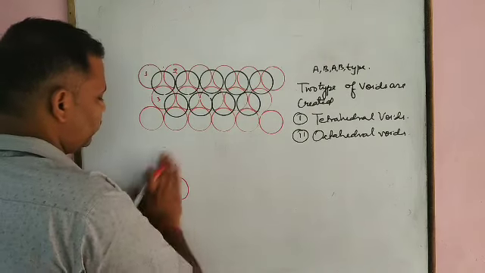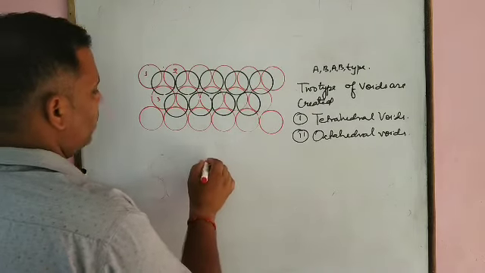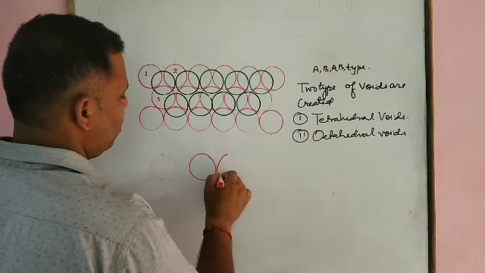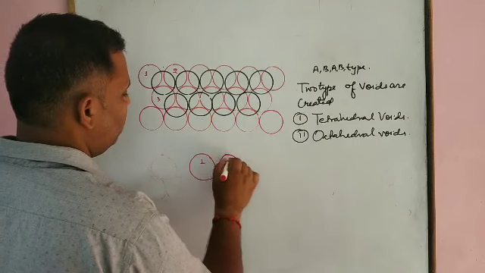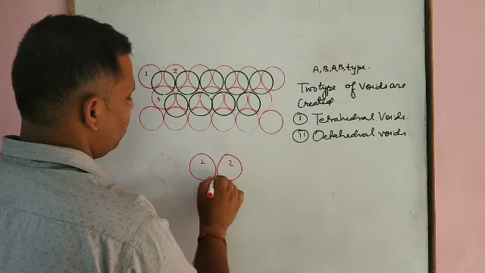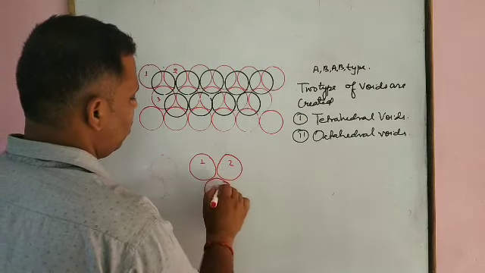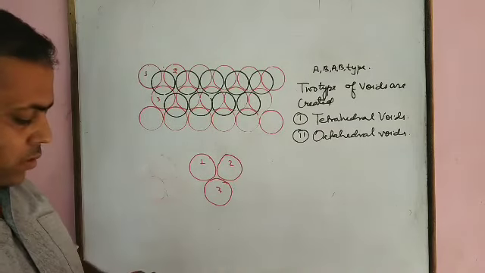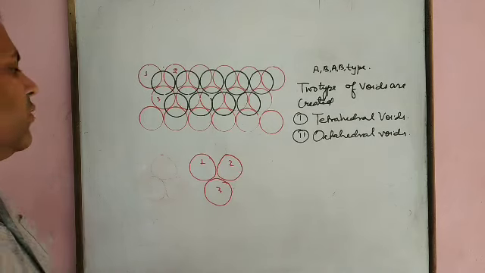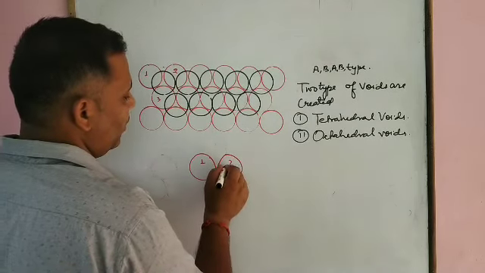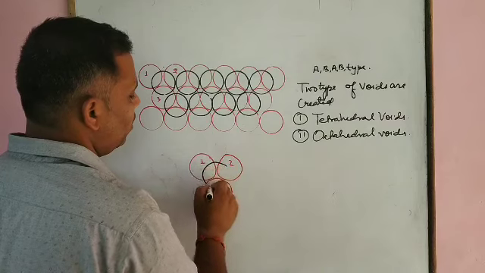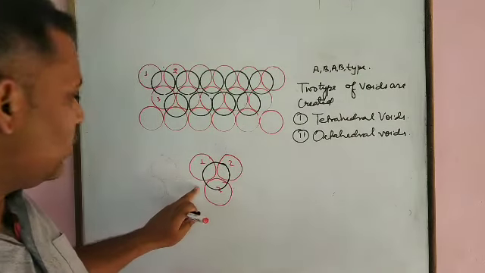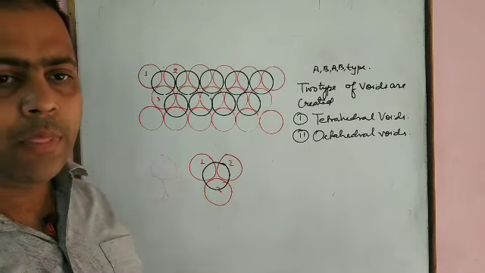1, 2, 3. 1, 2, 3. When we are going to place the sphere of the second layer in the depression of the first layer, this type of figure is created.